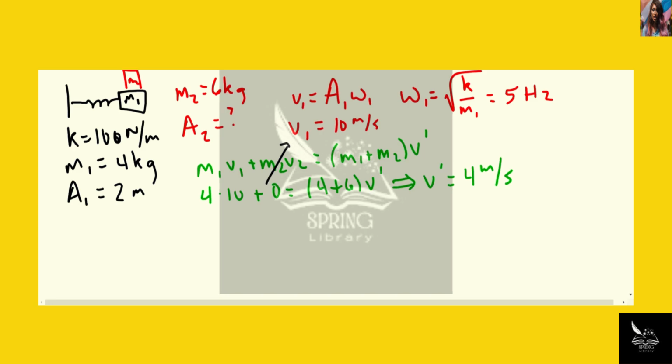So it asks about the new amplitude, right? And the easiest way for me to see this is that it's still going to be equal to A omega, right? Because that's still the maximum speed, but this is the new frequency, and the new frequency is K over their combined masses, right?